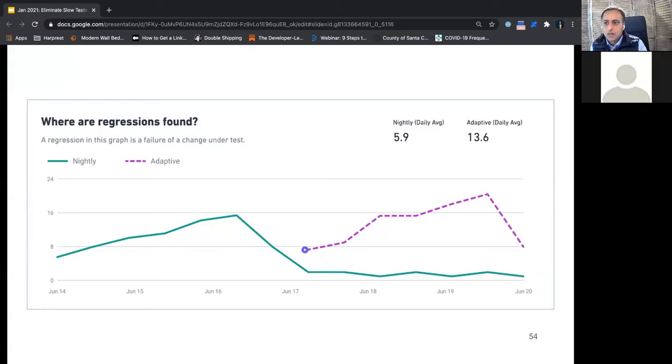But now that you've brought in an adaptive subset, most of the issues are being found by the adaptive subset, and your nightly tests are sailing through, right? So when those nightly tests publish the binary to other teams and organizations, it lands at much higher quality, right?